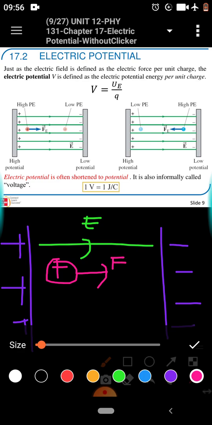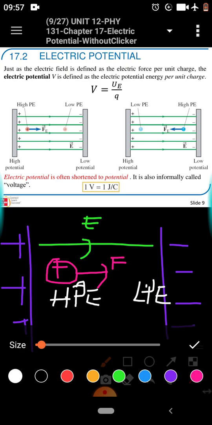If you analyze this further, you see that here there is higher potential. So this has higher potential energy, and it goes to a region of lower potential energy, just as in gravity.